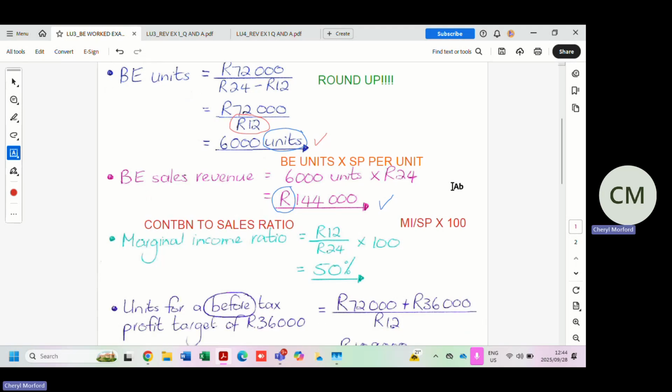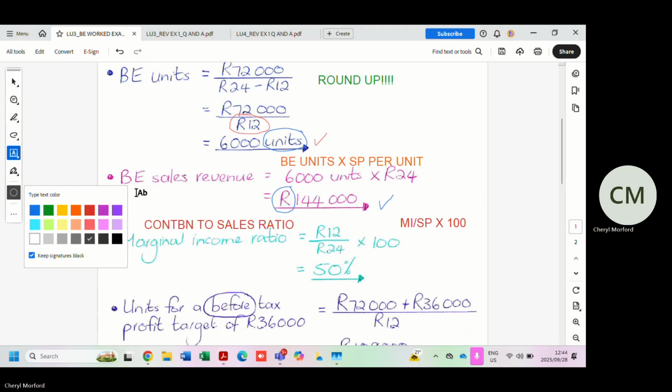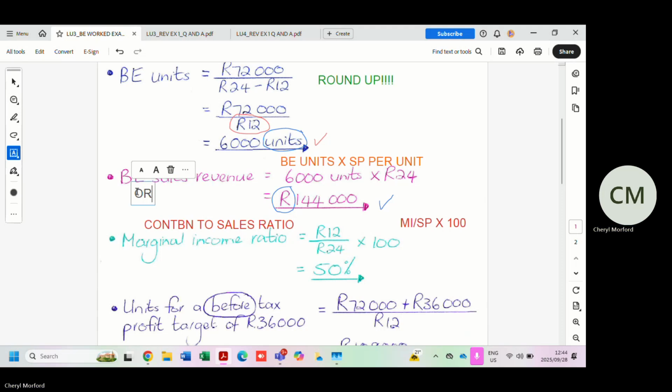I'm going to show you now here how we could work out our break-even sales revenue if they didn't ask us to find the break-even units first. So what we're going to do here, we're just going to do an OR. What else could we do? It could be our total fixed cost, and we can divide that by the marginal income ratio, which is equal to, remember the fixed cost is the 72,000, and our marginal income ratio is 50%.